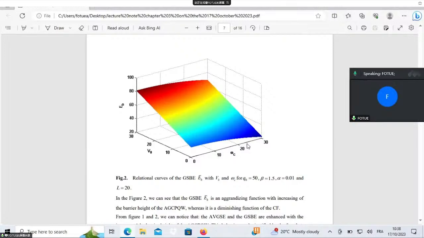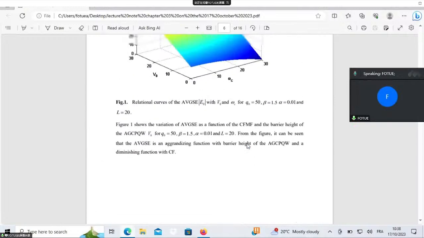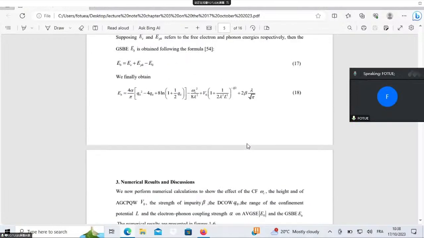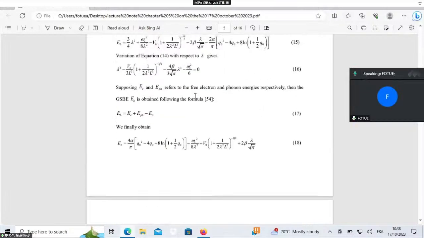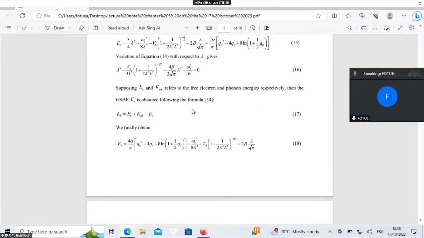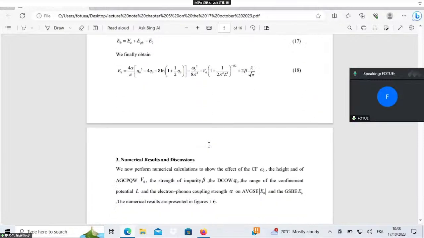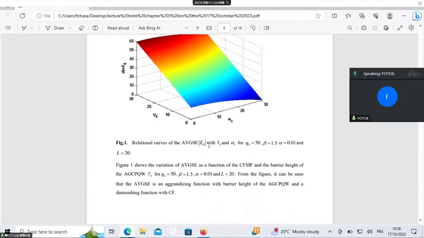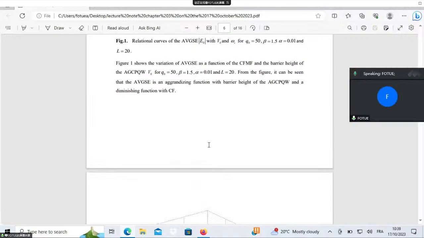We can also see from the expression that this binding energy is expressed in terms of the height V0 and WC with a minus, so the sign here is different. That's why they will exhibit different behaviors compared to each other.